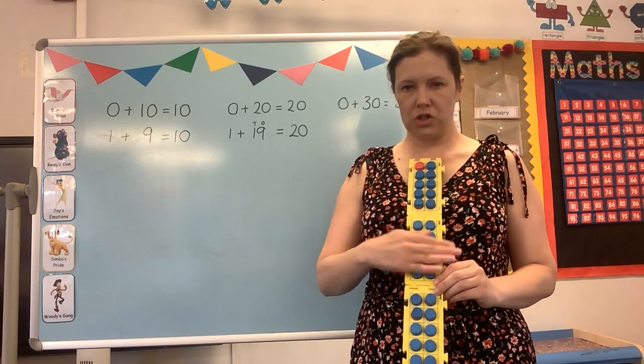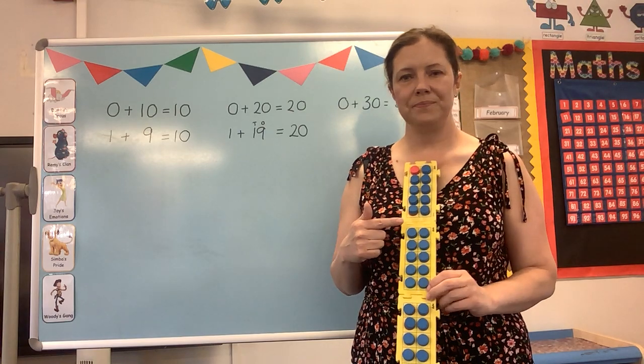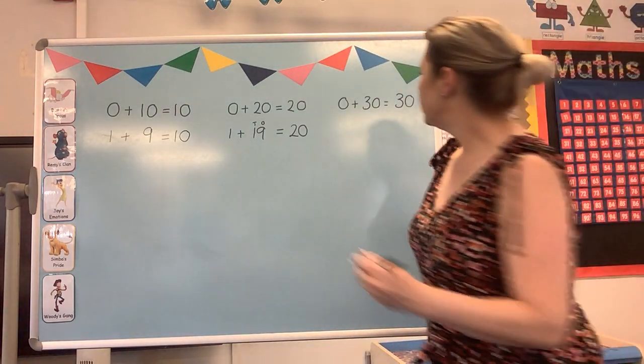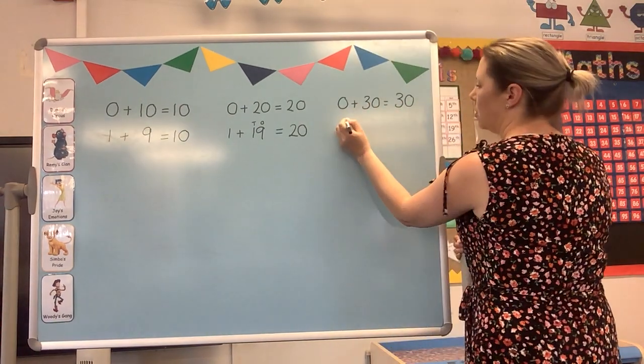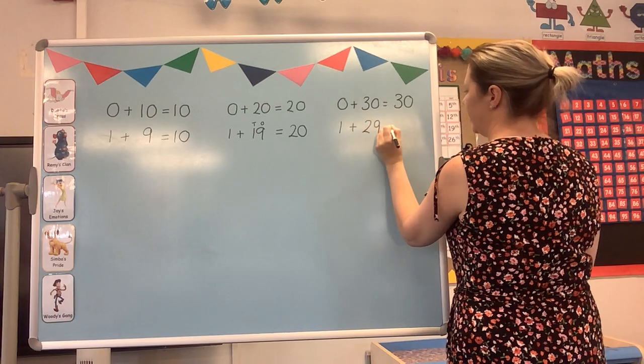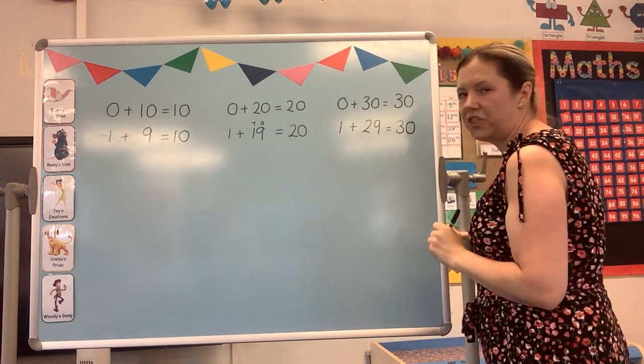So that's 10, 20 and 9 ones. So what's that all together? 29. Right, so let's write that down. So we've got 1 good apple plus 29 bad apples, and that will equal 30.